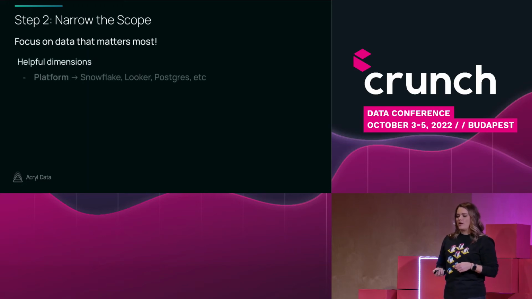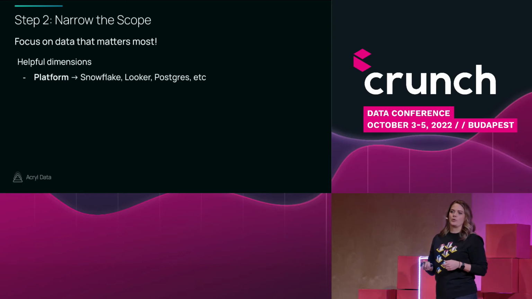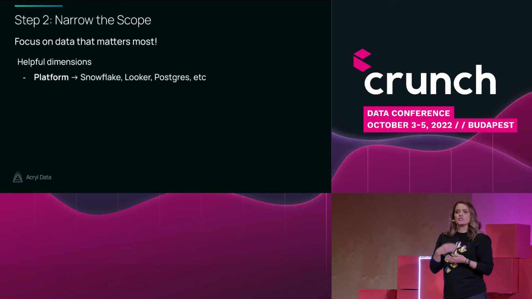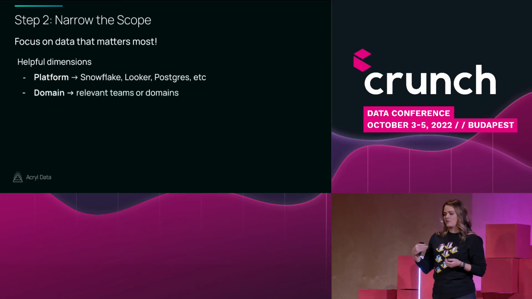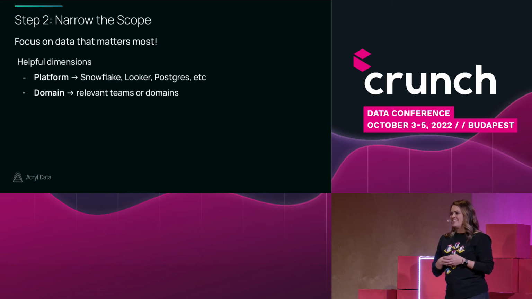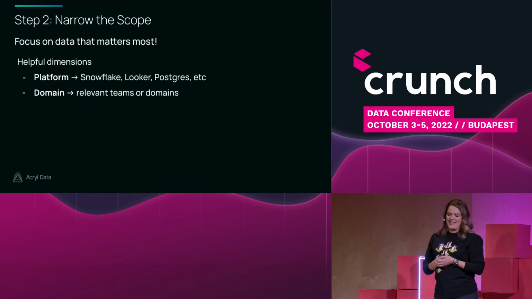So here are some ways that we found can be helpful in breaking this down. This is not an exhaustive list, but just to give you some ideas. Maybe you want to start on a specific platform, and then from there, narrow it down even further by domain. Maybe you've leaned into the data mesh of it all, and you have your data organized within domains.